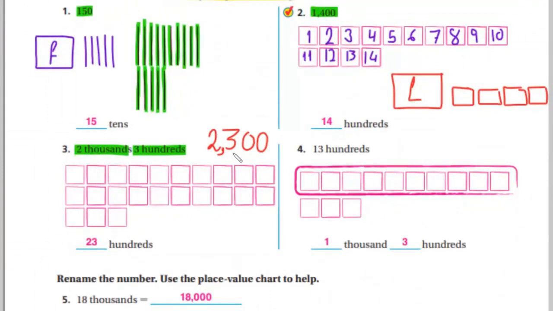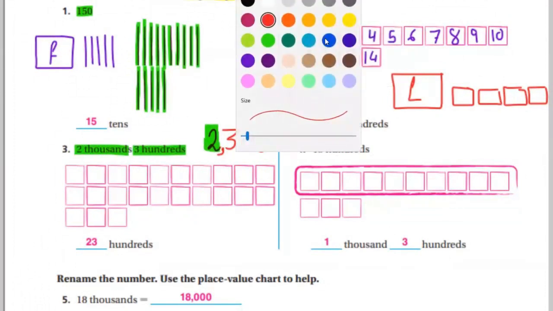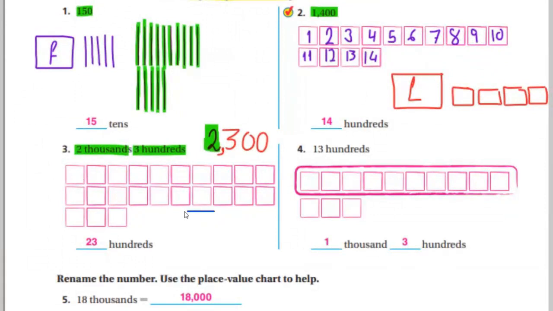If you read it as 2,300s, you have to model it with 23 flats. But it's very hard to draw 23 flats. So instead, you can model it with large cubes. So what is the digit in the thousands place here? 2, right? So we're going to use 2 large cubes.